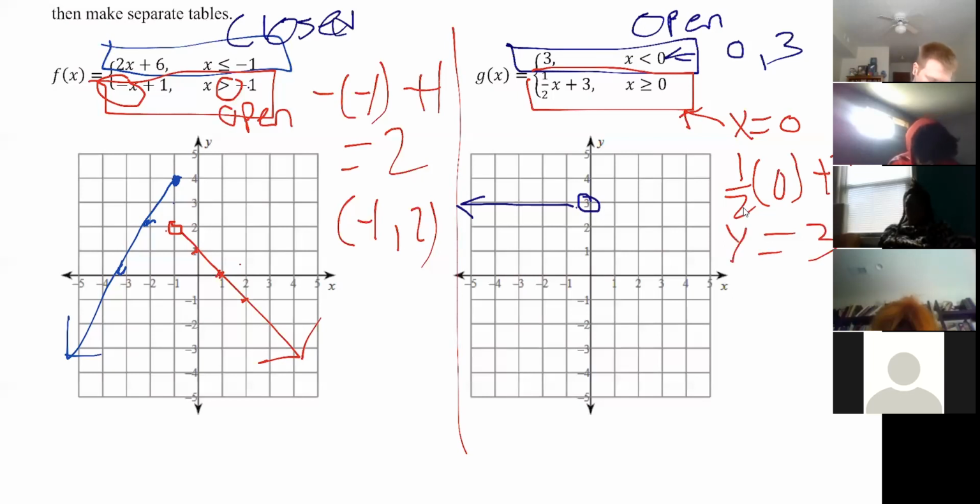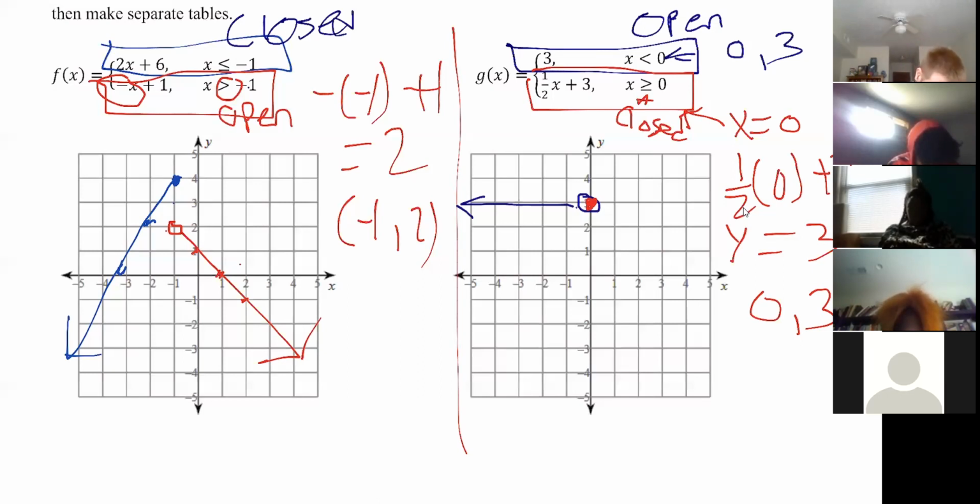We just solved for our y value. So our first point is 0, 3, which is kind of weird because it's the same point we just plotted. We would have a solid dot. So there really is a dot there from the second part of our function because this is closed. Sorry, I should have said that because it has the equal to.